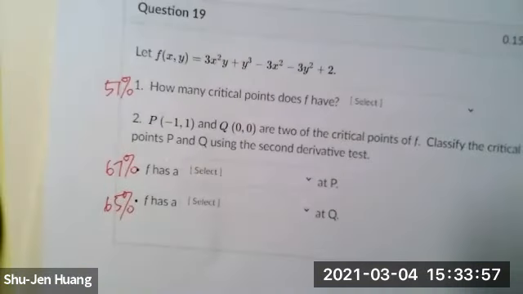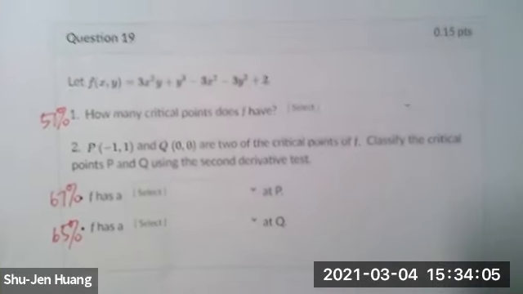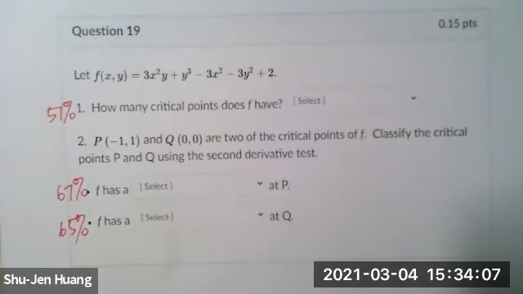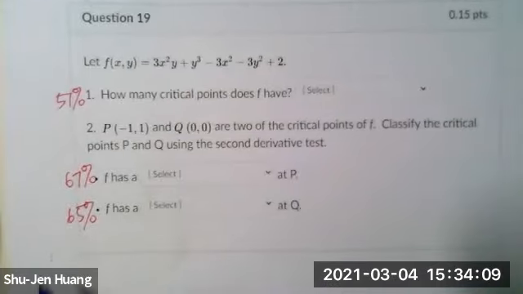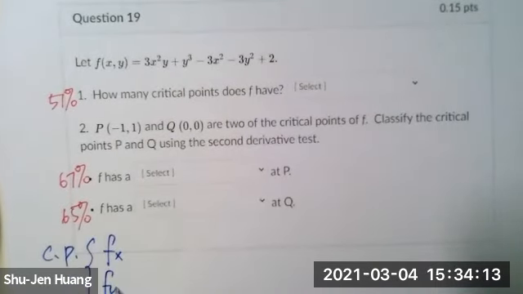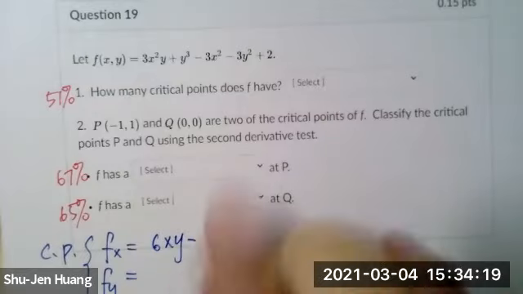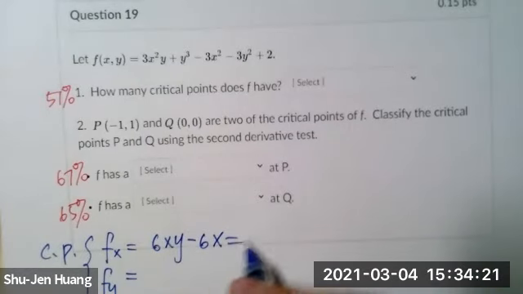And let's look at 19. Two more questions, okay? Question 19, given the function, first, how many critical points does the function have? So we need to find the critical points by taking the partial derivatives. The partial derivative with respect to x, we have 6xy minus 6x, set that equal to 0.